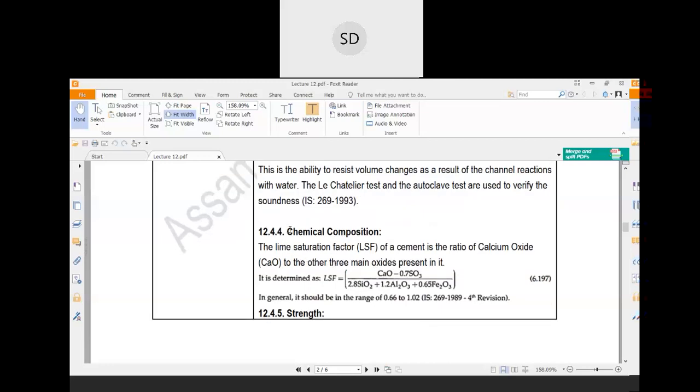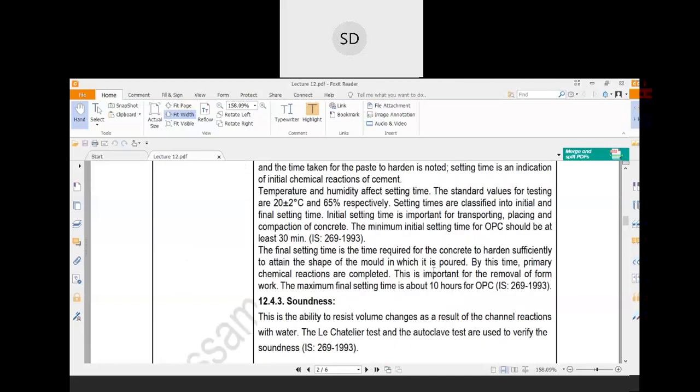Then another thing is chemical composition. Basically, chemical composition is found out by a parameter called the lime saturation factor. The lime saturation factor of a cement is the ratio of calcium oxide to the other three main oxides present in it.